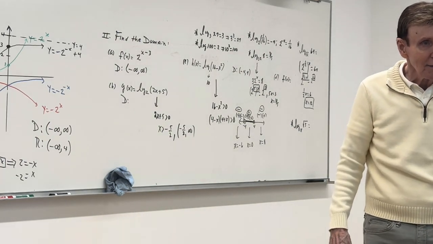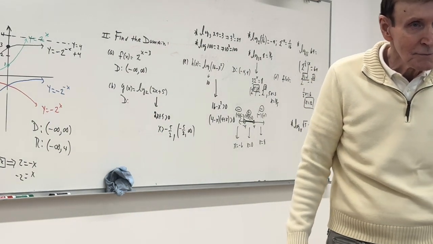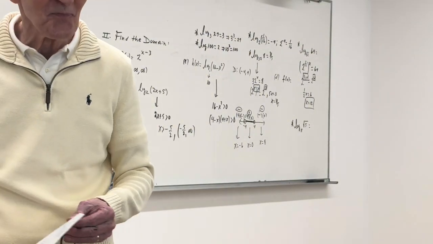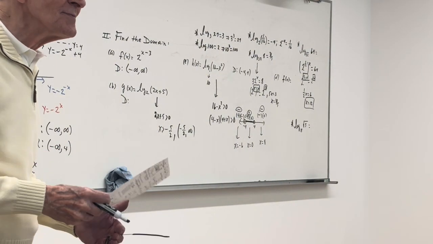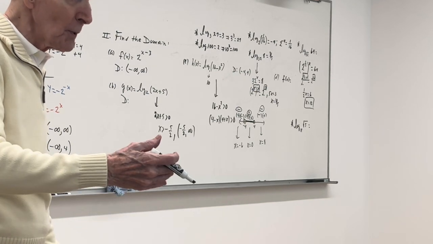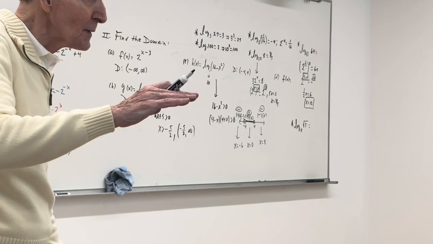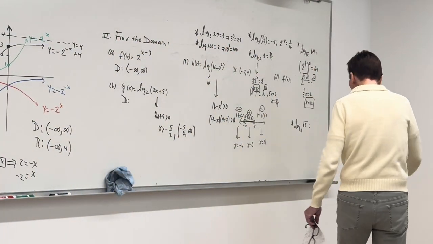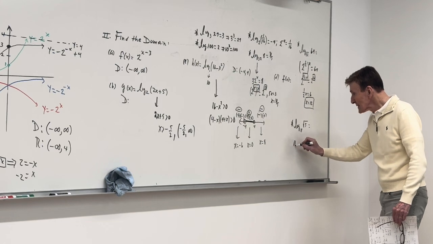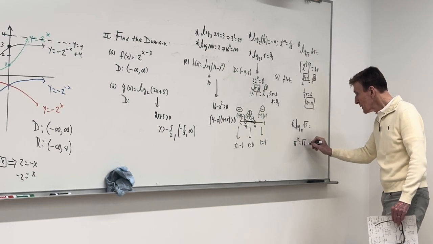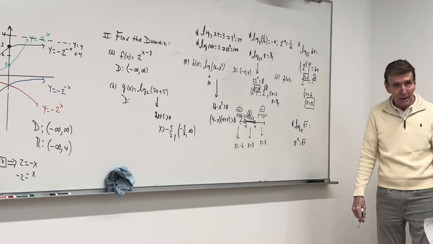Is it doable? It's doable. But, Mr. Professor, I know what it means. It means take pi, raise it to something, and you get this. You guys agree? Is that what it means?